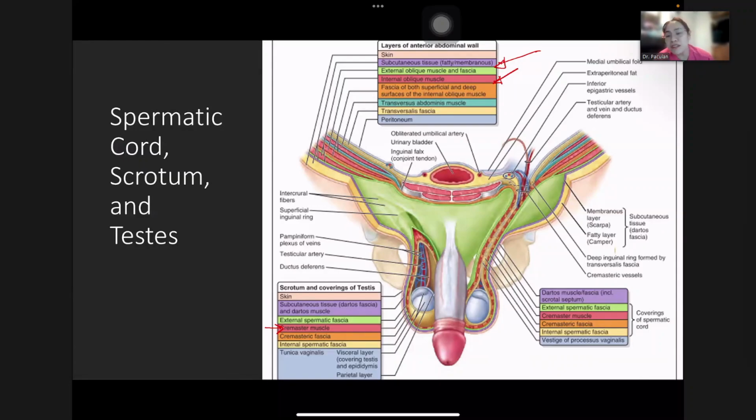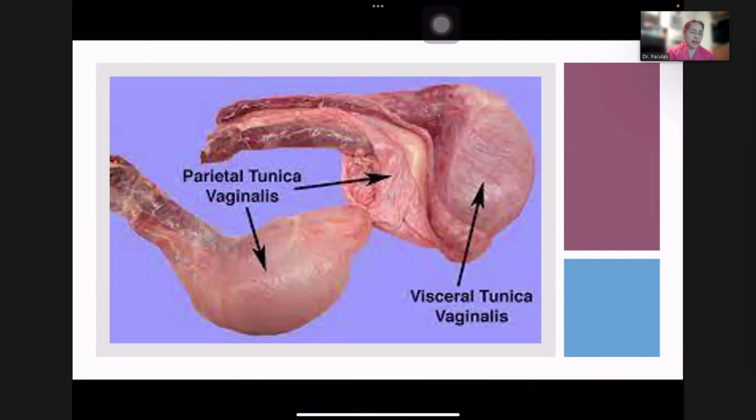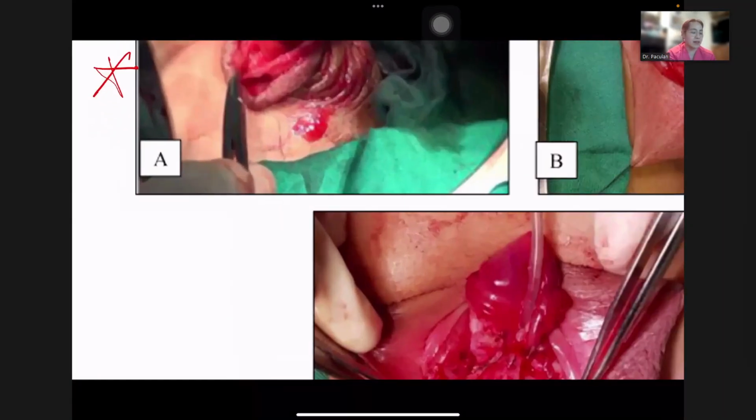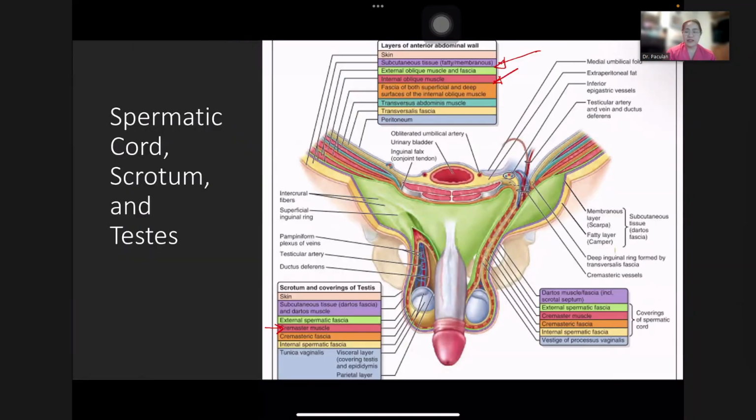What about the tunica vaginalis? Do I have an image of the tunica vaginalis? Yes. Here is the parietal tunica vaginalis. These are testes. Which layer is it? Let's go back to the chart.